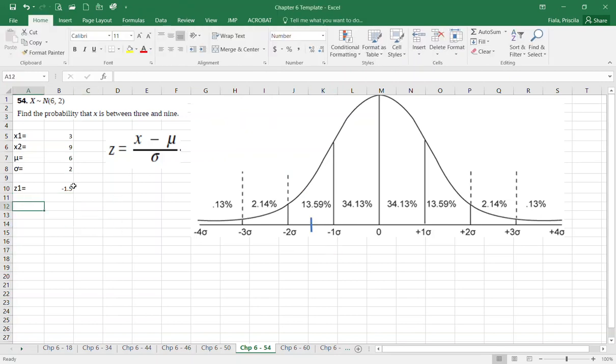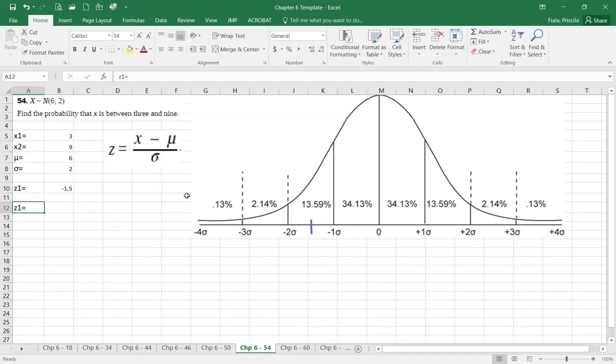And now we're going to calculate the second x value because I want to know between 3 and 9. So we know z1 is right here. So let's do z2 so you know that I'm referring to the second x value.